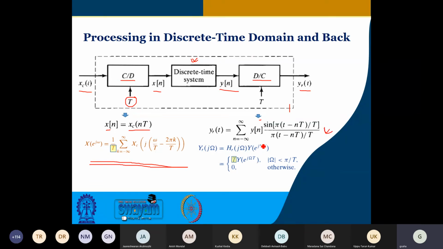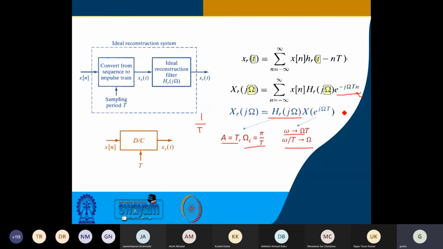And in this equation, we are using Hr(jΩ) and Y(e^{jΩT}), and to neutralize this capital T, we are writing a capital T over here. The magnitude we want to keep is capital T, and the cutoff frequency is π/T in the omega domain, which in the frequency domain is fs by 2. So effectively, whatever yn is, it just relates to whatever was here. Instead of x, we are writing y.